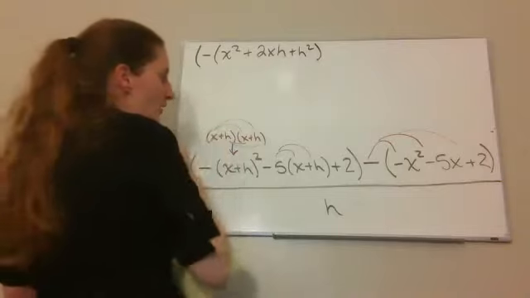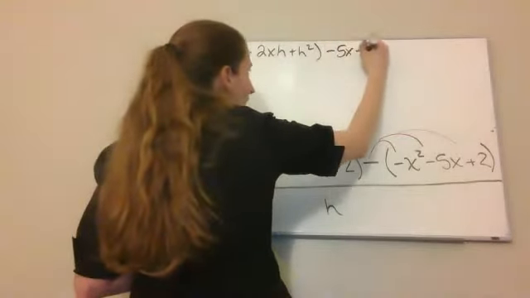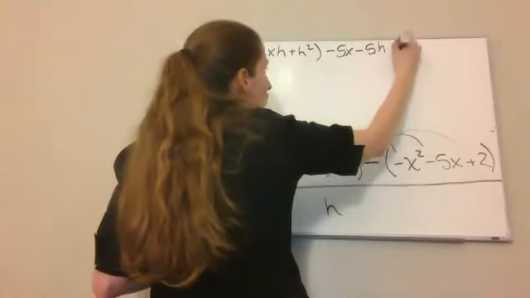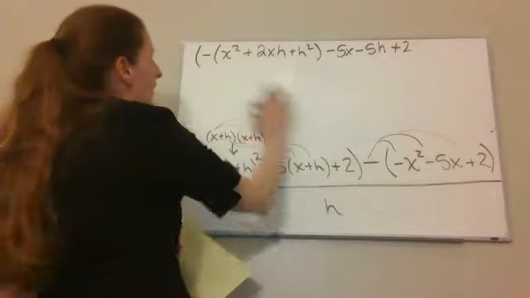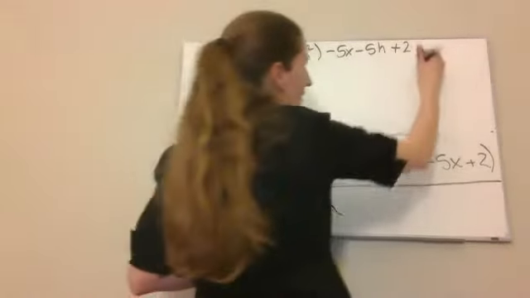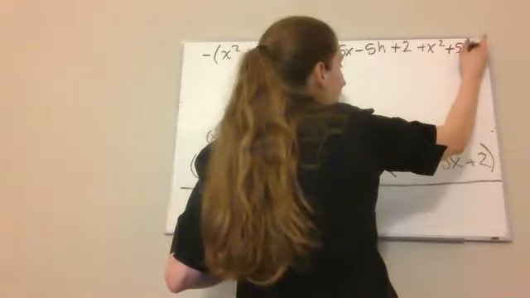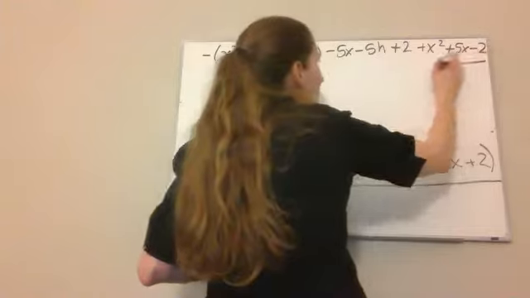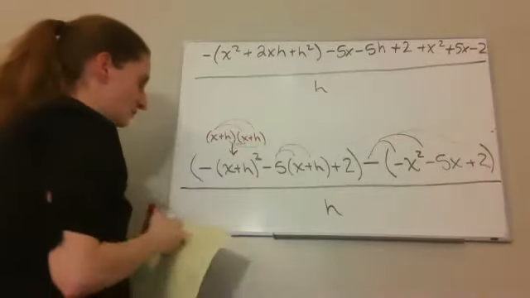I'm going to go ahead and distribute that minus 5. I get a minus 5x, a minus 5h, and a plus 2. And let's go ahead and distribute all of that minus sign here. So it's going to be a plus x squared, a plus 5x, and a minus 2, all over h.